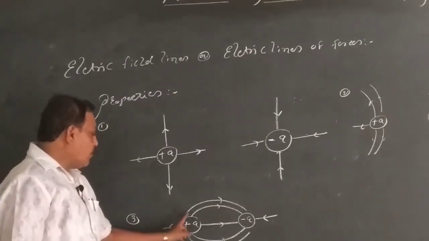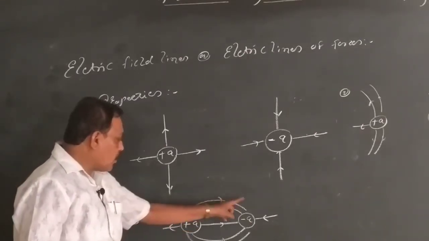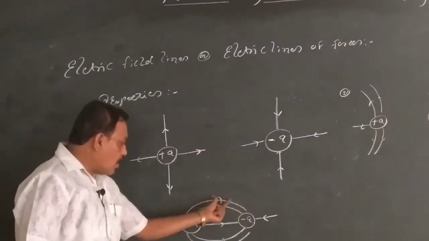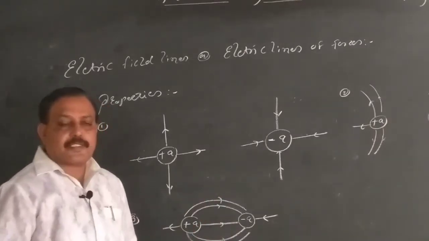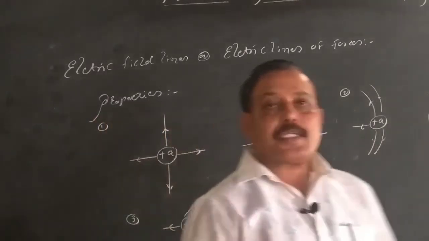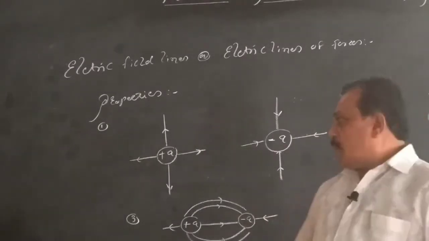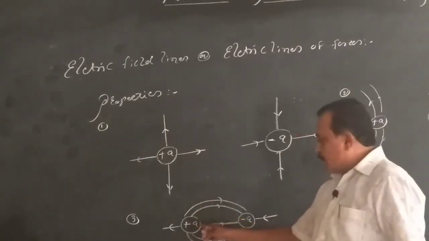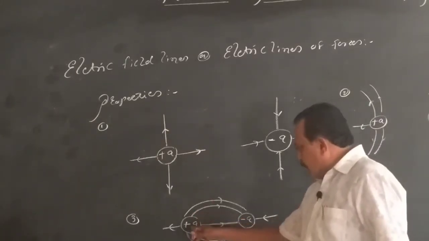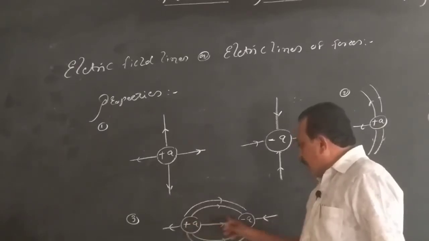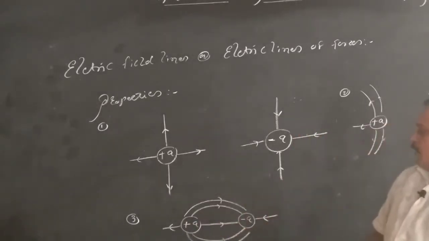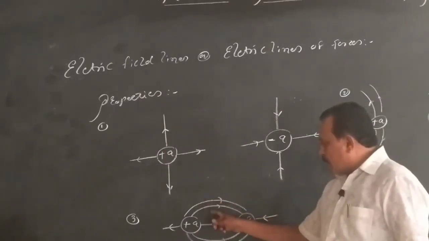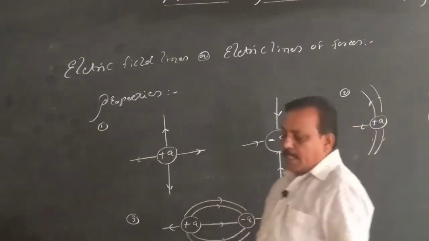The electric lines of forces contract along the lengthwise, which represents there is a force of attraction between unlike charges. The unlike charges attract. That should be represented in terms of electric lines of forces. If the electric lines of forces contract along the lengthwise, that represents that unlike charges attract.